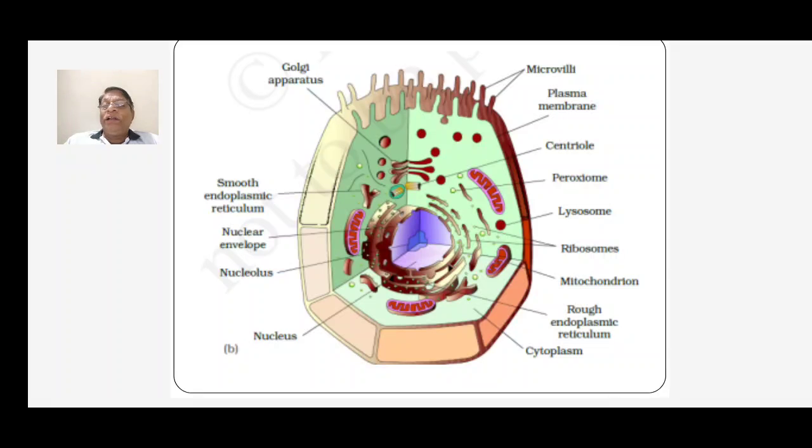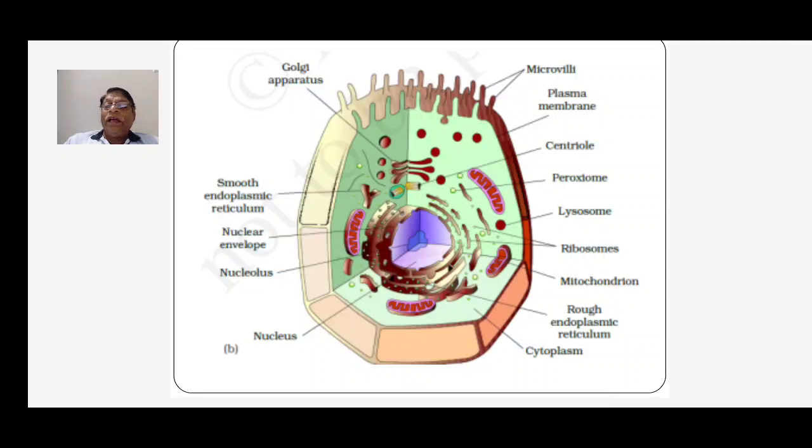Another important difference: the centrosome with centrioles is absent in the plant cell. But in the animal cell, you can see it just above the nucleus. This is another important difference.